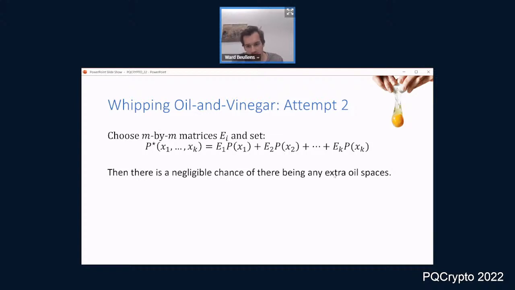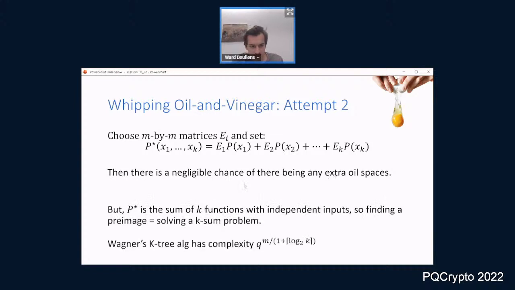There's still a problem though, which is that this P star is a sum of k functions with independent inputs. So if you want to find a pre-image for this function, then this is like a k-sum problem, and there are generic attacks that solve this with some complexity which is exponential, but not as big as we would hope. So there are two solutions.